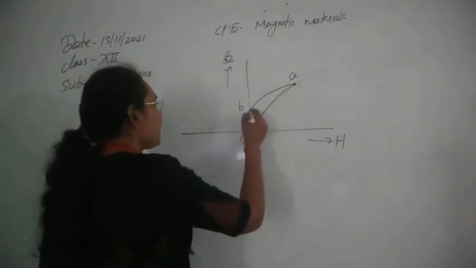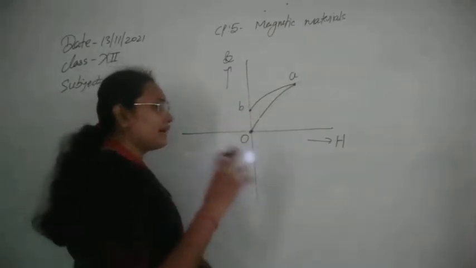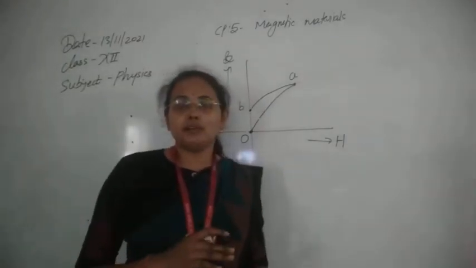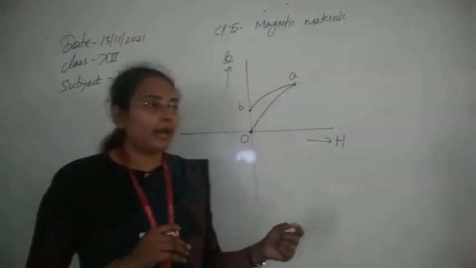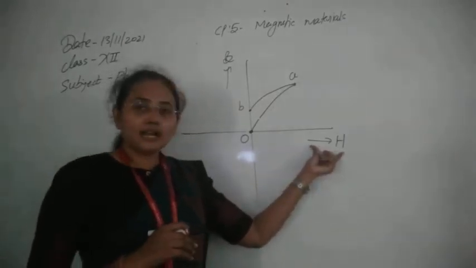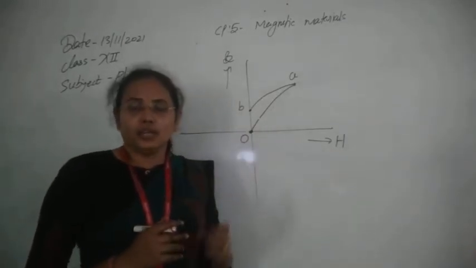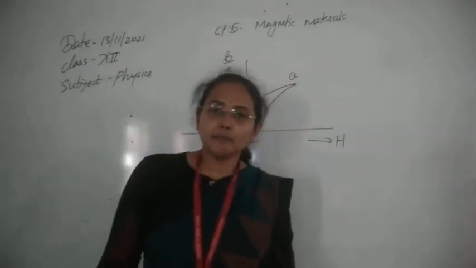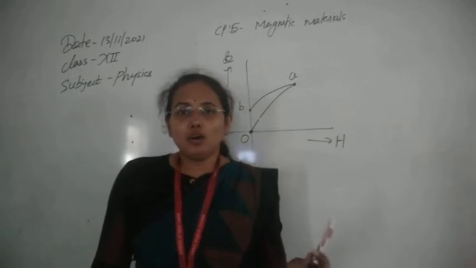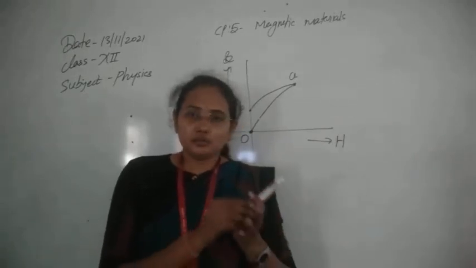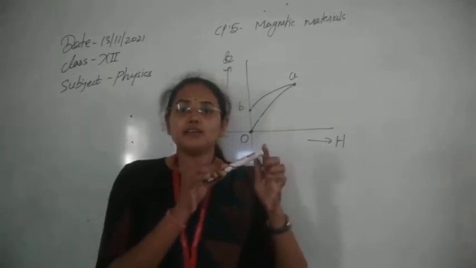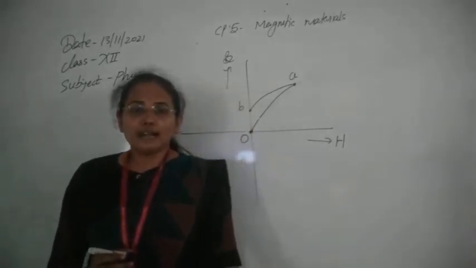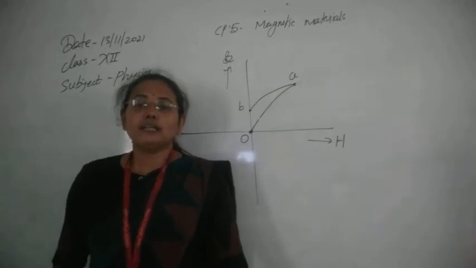Now, if we want to demagnetize our sample again, if we want a fresh demagnetized sample, then we have to apply the magnetizing field in the opposite direction. When we start to apply the field in the opposite direction, the dipoles that were aligned in this direction will start to move along the direction of the field, and due to that they will start to be demagnetized.